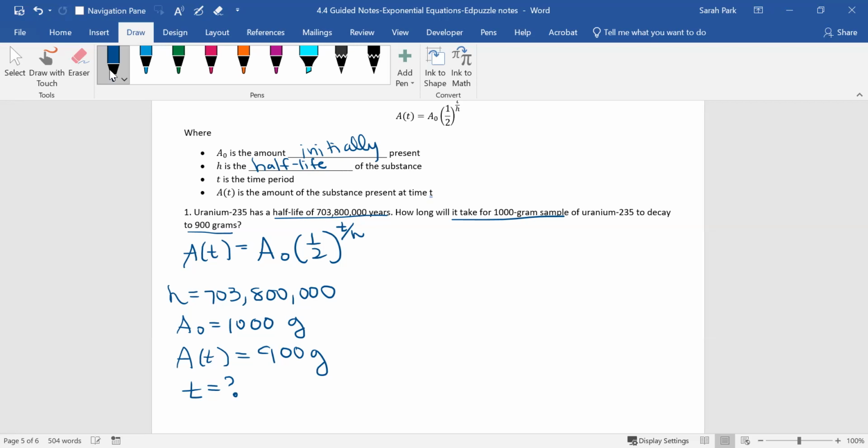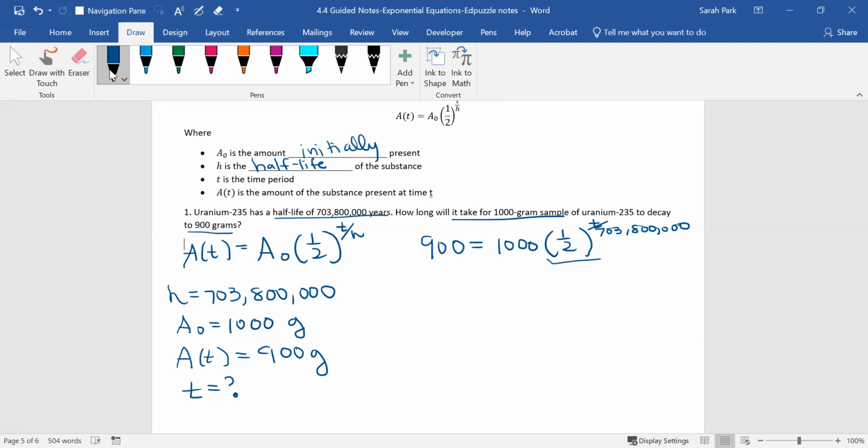So A of T, we have 900. Initial A is 1,000. 1/2 raised to T, we don't know. H is that big number, 703,800,000. Okay, first try to isolate your exponential term, your base, it's the 1/2.